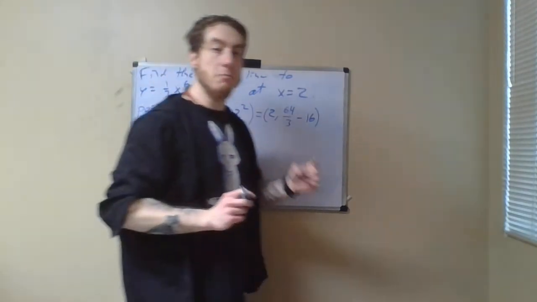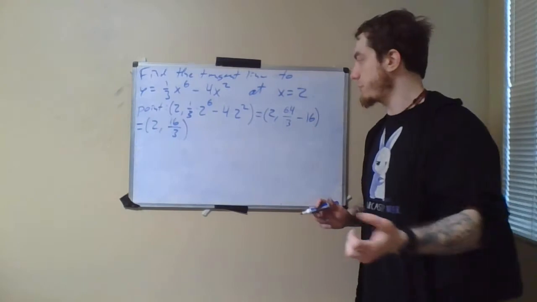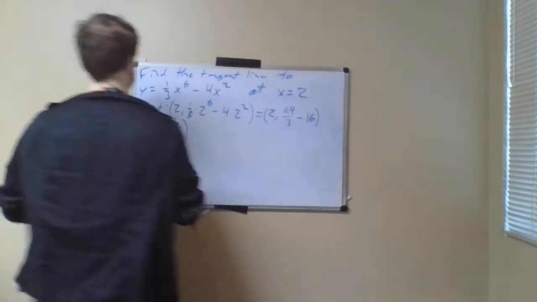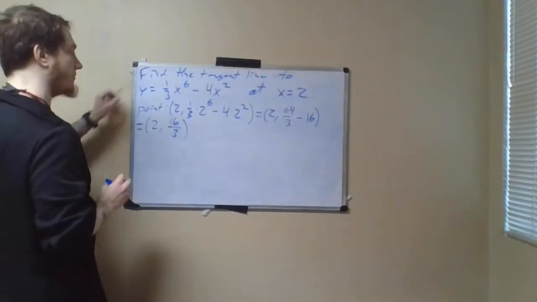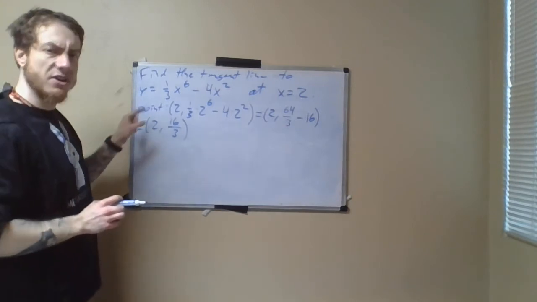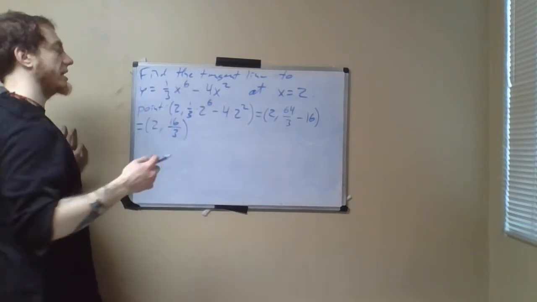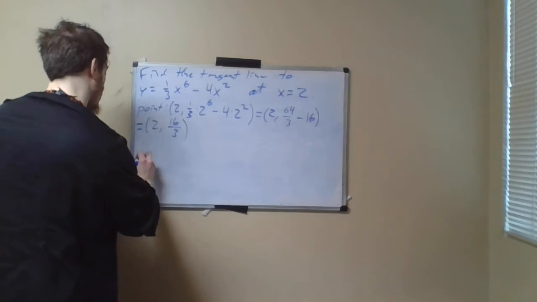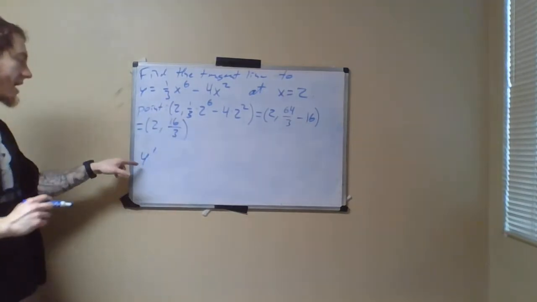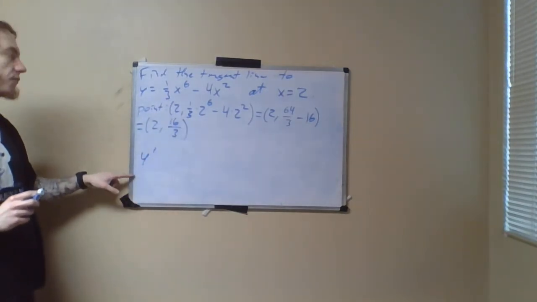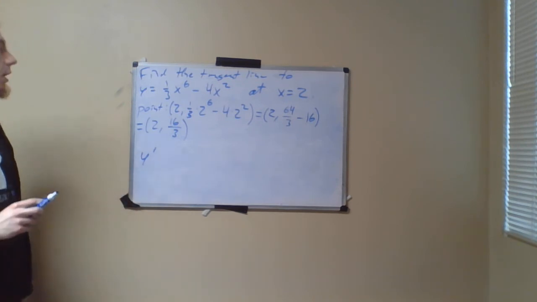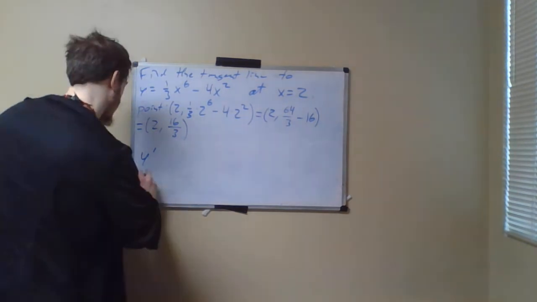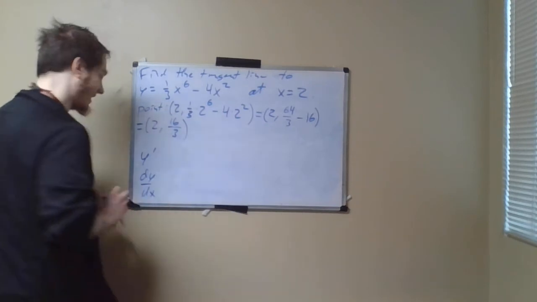And so that is important because our tangent line has to go through that point. Now, to find the slope, we need to look at the derivative here. There's a couple of ways of writing the derivative, by the way, when one variable is set equal to another. We can write y prime, so we use the same prime notation as for functions for this variable, or we can write dy over dx.